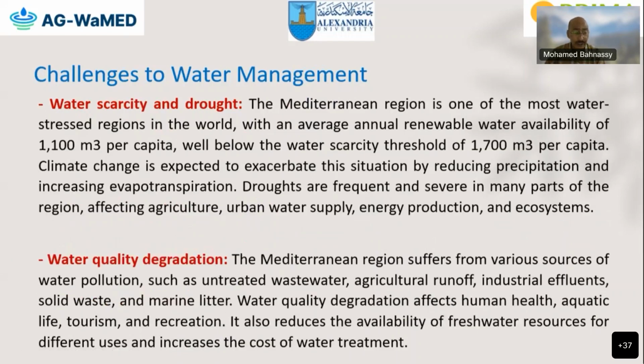Now we look at the challenges to water management, and the first and most important one is water scarcity and drought. The Mediterranean region is one of the most water-stressed regions, as Professor Reishi has indicated in her presentation, with an average annual renewable water availability of 1,100 cubic meters per capita.